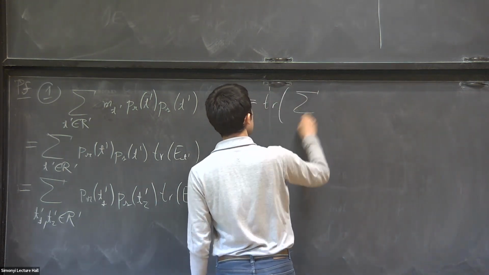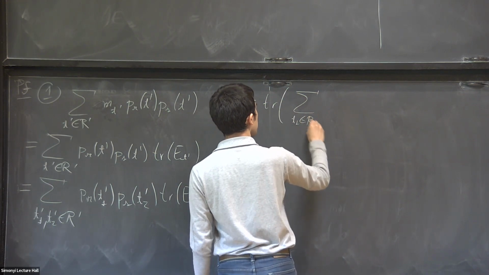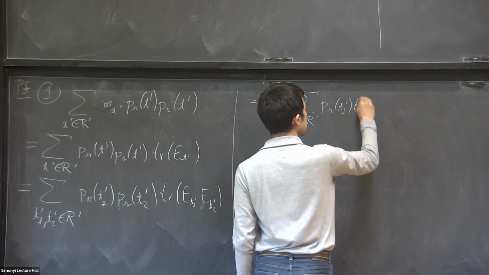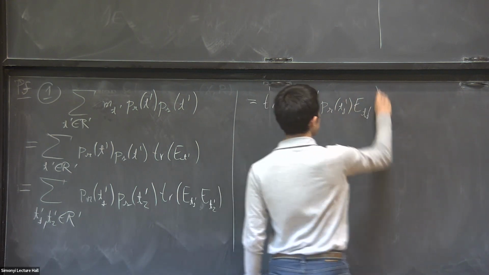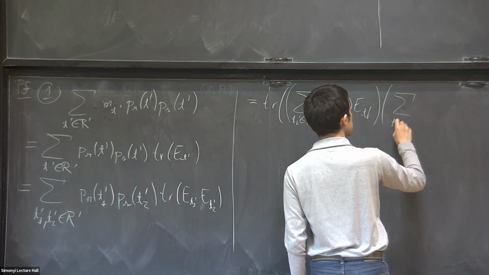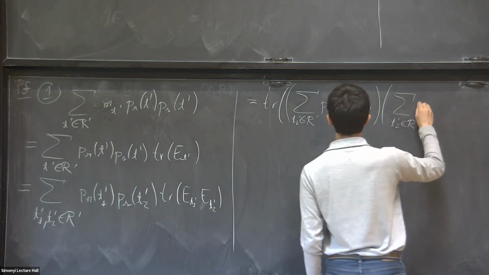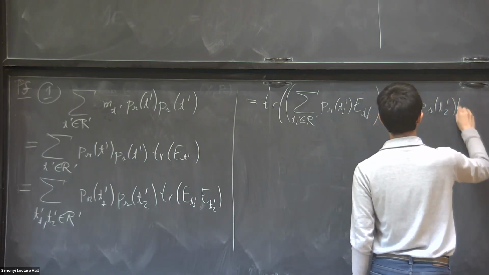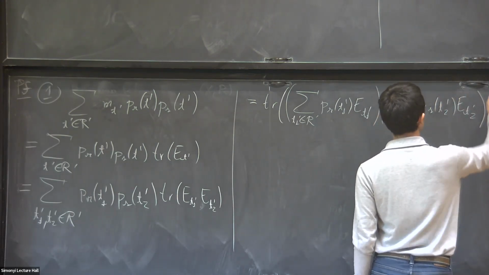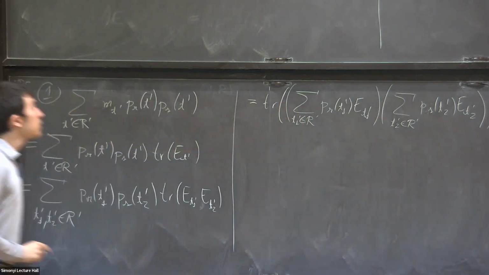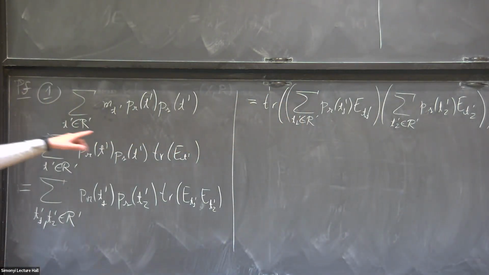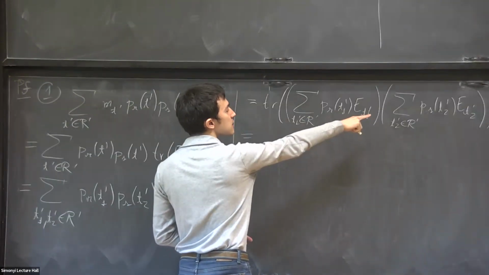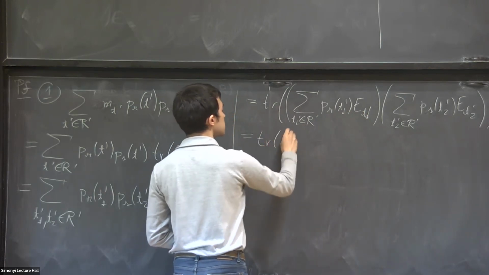And what I'm going to get is... Okay. But now I can use the definition of the P functions and say, haha, this is just the A_R matrix in disguise, and that's just the A_S matrix in disguise.